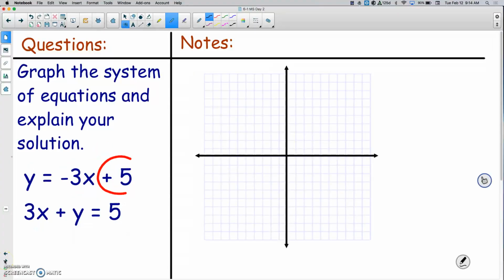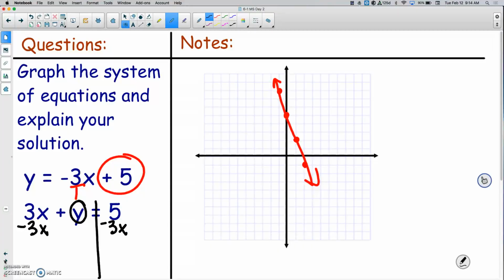Next one, start at 5. My slope is -3 over 1, so down 3 over 1. Draw my line. And then my second one, notice the y is not by itself. So I circle the y, and I would need to subtract 3x on both sides to cancel it out.